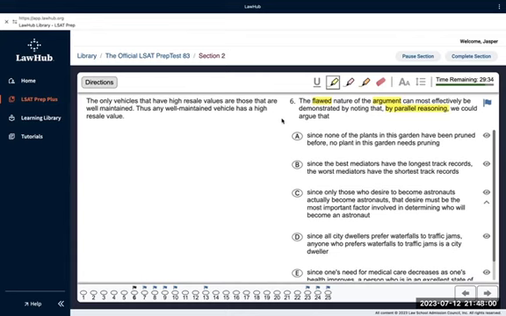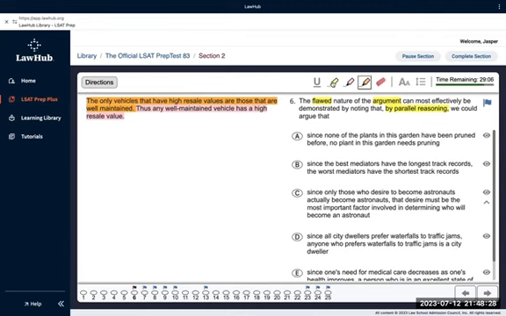Okay. All right, now to the stimulus. The only vehicles that have high resale values are those that are well maintained. Thus, any well-maintained vehicle has high resale value. So the conclusion is the last sentence, and the support that's offered is the first sentence.